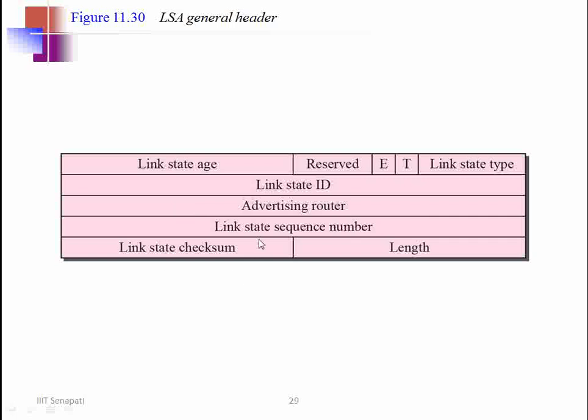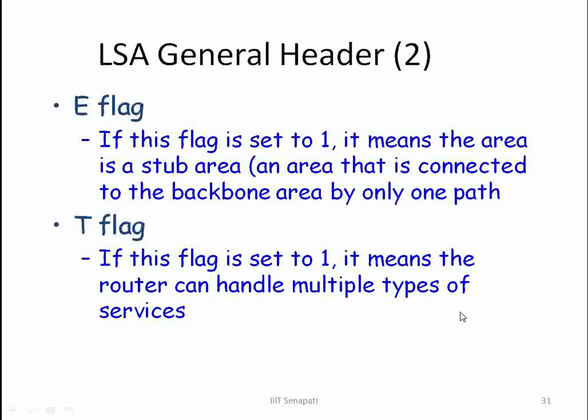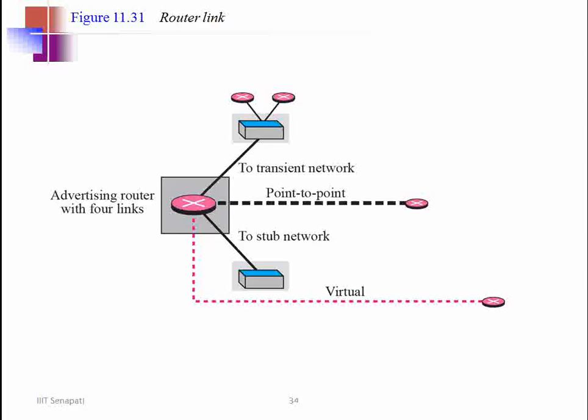The age field is not used, the rest of the packet is used to calculate this checksum. Length defines the length of the whole packet in bytes. So these are the things we have seen.